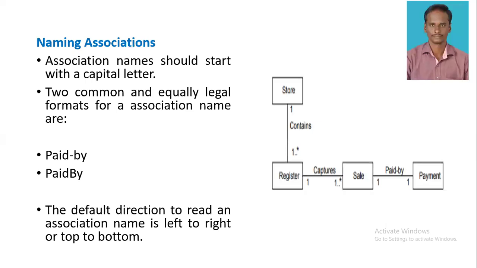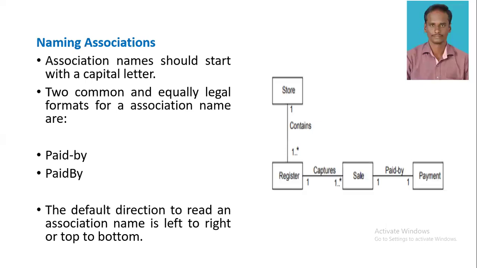It means that between two words, we may have a hyphen or we may not have any spaces. We should not give any white space. And the default direction to read an association name is left to right or top to bottom. It is the direction for the association.